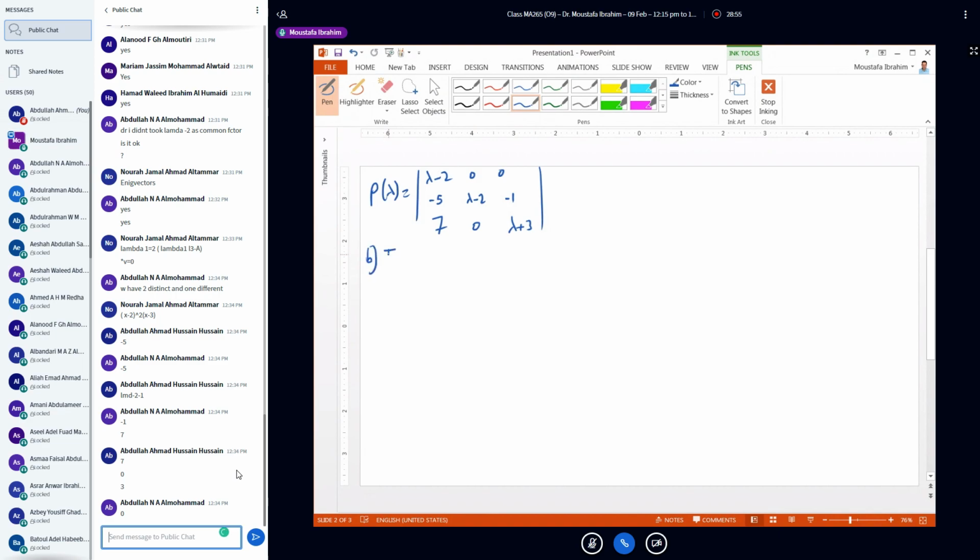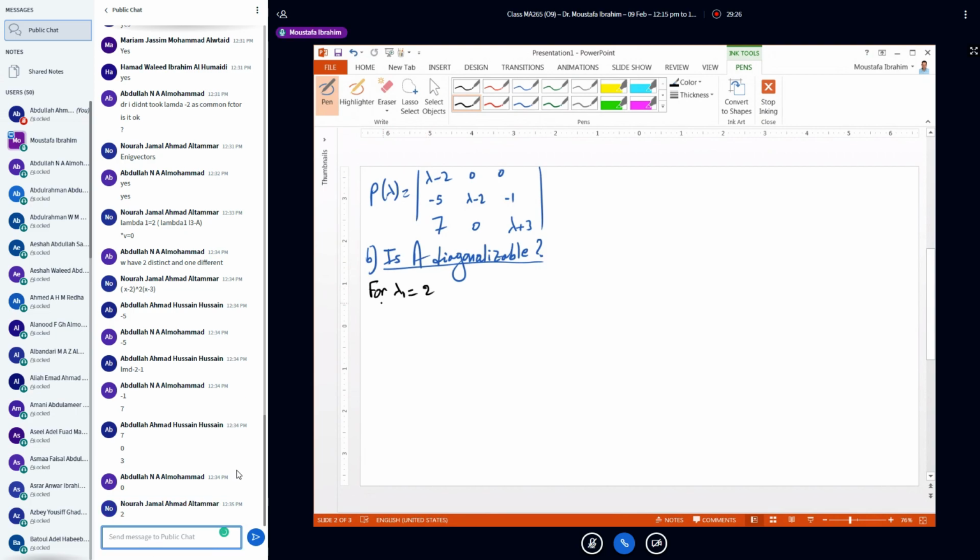Now, part B. Is A diagonalizable? Since we have only 2 eigenvalues, we don't know if it's diagonalizable or not. To check, we have to move to eigenvectors. So let's check eigenvectors for lambda 1 equal what? 2.